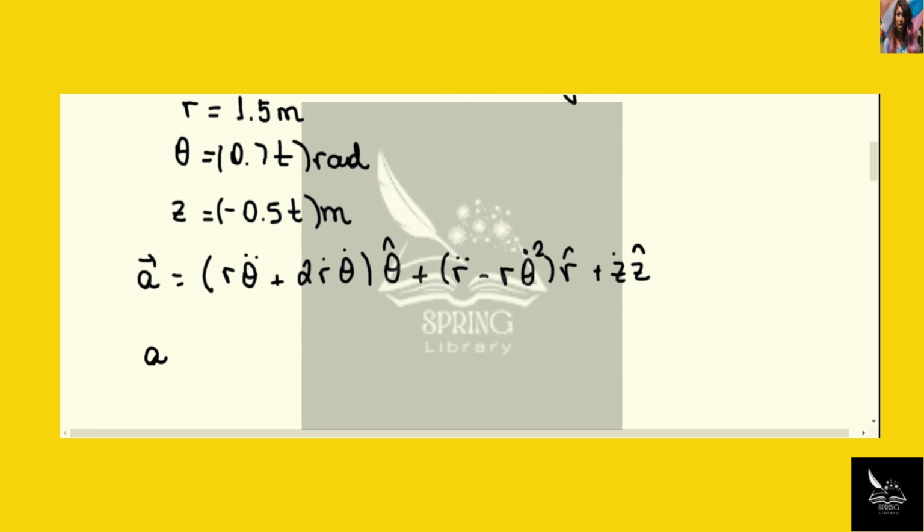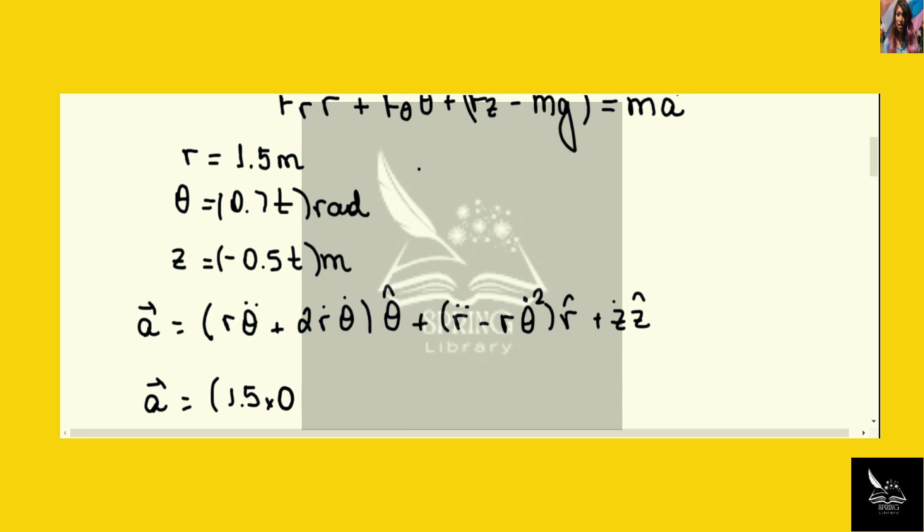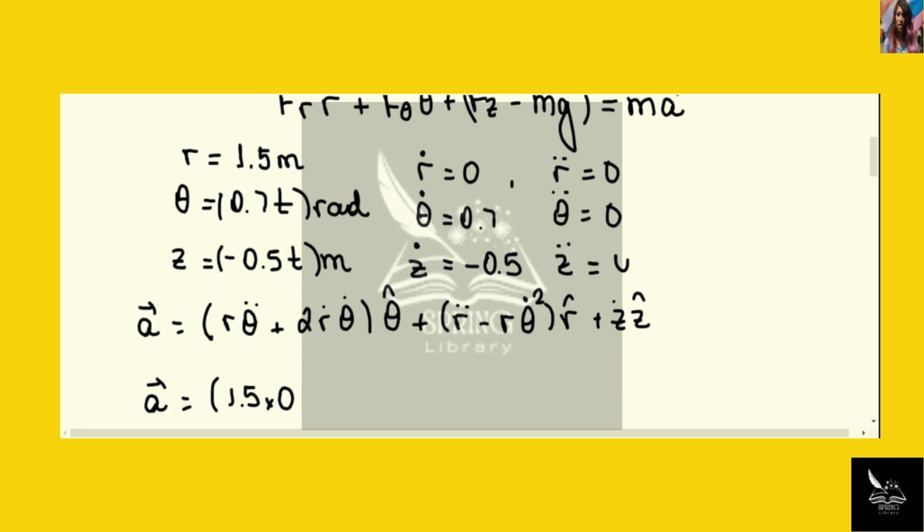So we have that a is equal to 1.5 times theta double dot. That's 0 because theta is 0.7 t. So actually, let me write this here. So r dot is equal to 0, r double dot is equal to 0, theta dot is 0.7, theta double dot is 0, z dot is minus 0.5, and z double dot is equal to 0.